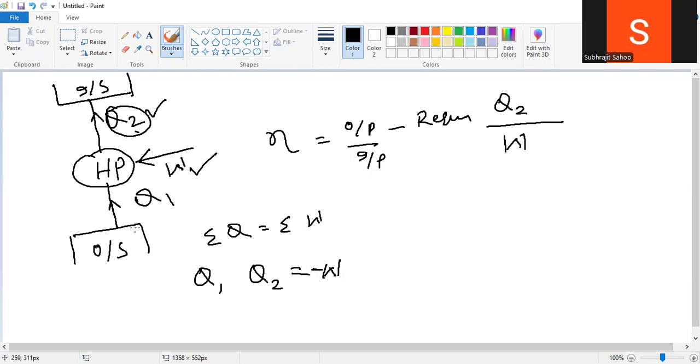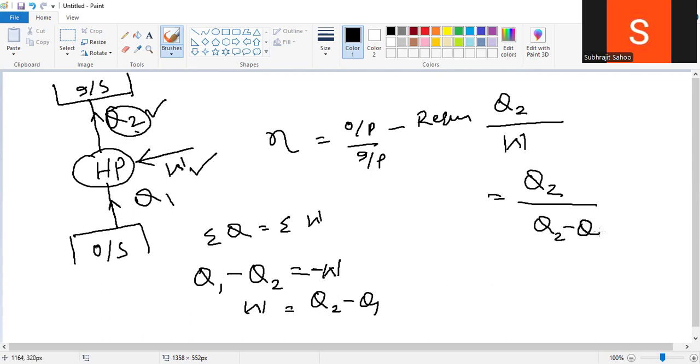Q1 is entering, supplied to the HP, and Q2 is rejected. So Q1 is positive, Q2 is negative, so minus W. If I simplify, W is Q2 minus Q1. If I put it here, I will get Q2 by Q2 minus Q1. Once again, the efficiency term will not be suitable here.